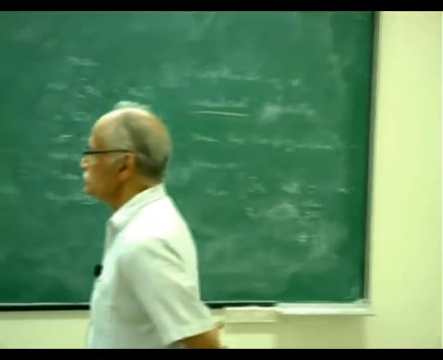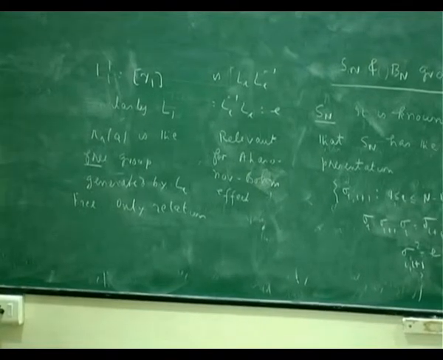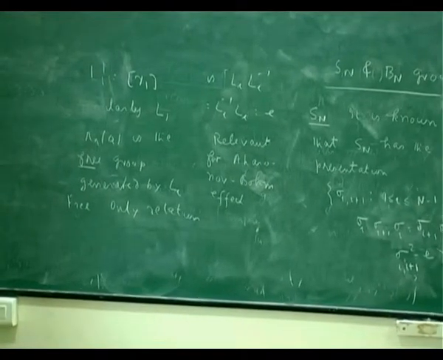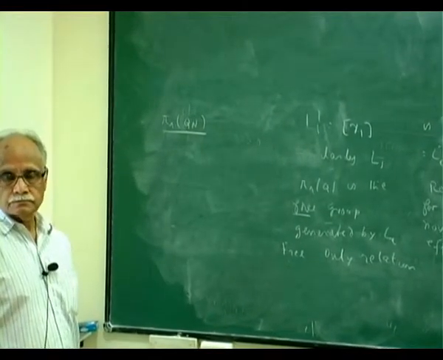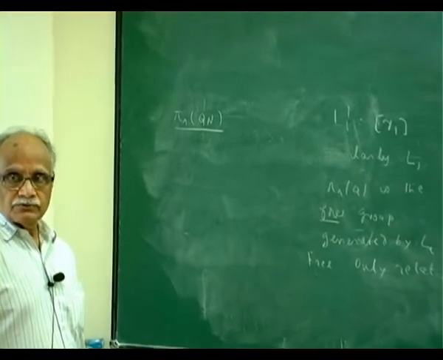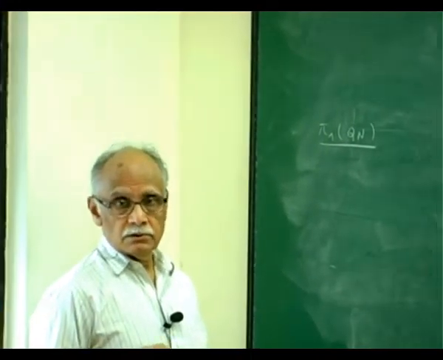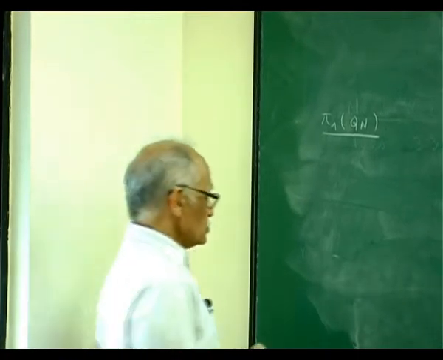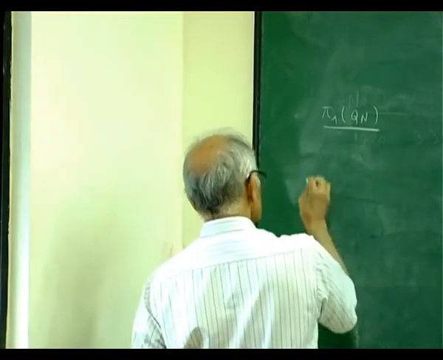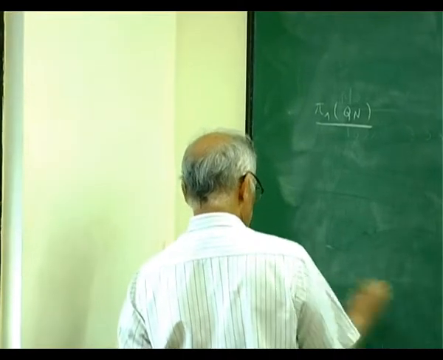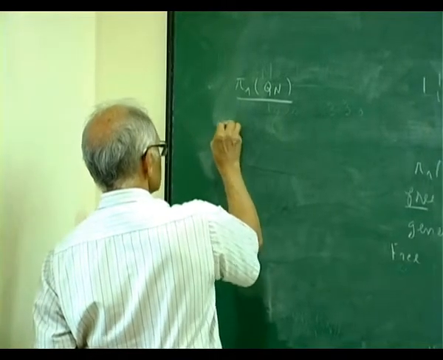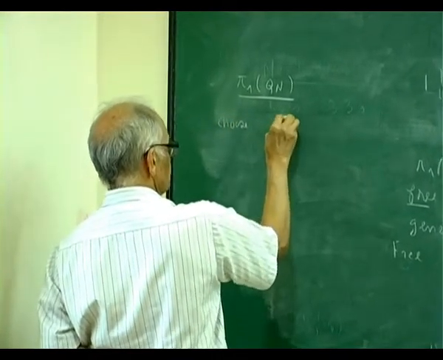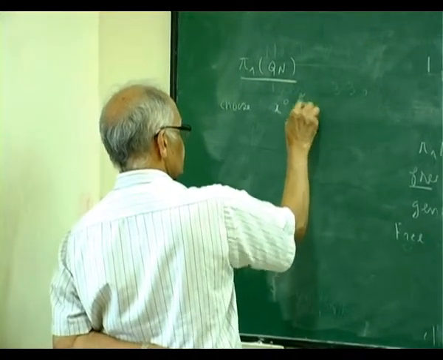Now I want to compute the fundamental group of Qn. I am thinking of this whole thing as 3 dimensions. So we choose some fiducial point, call it x0, and this is this unordered set.